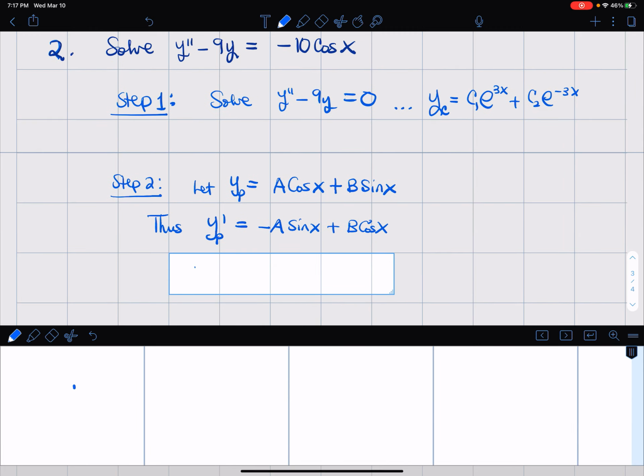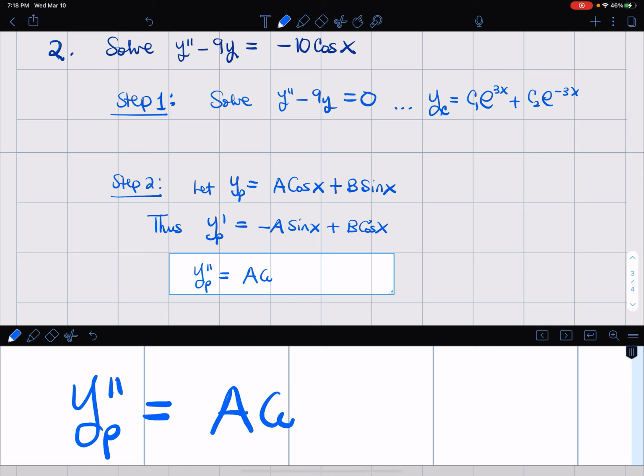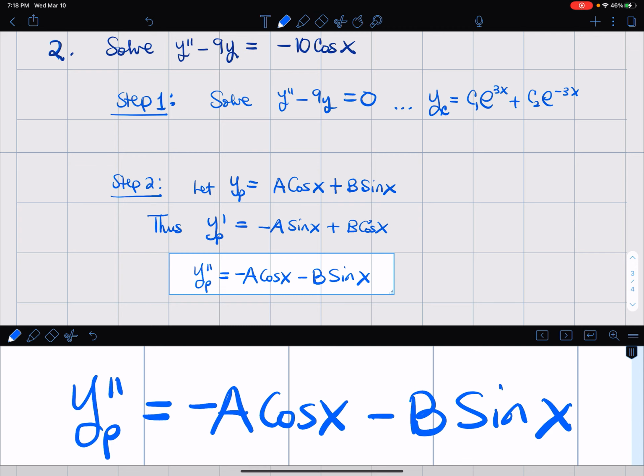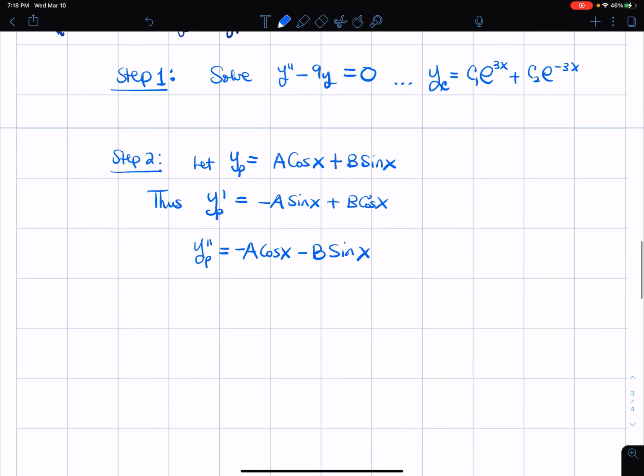And then yp double prime is going to be negative a cosine of x, minus b sine of x. Okay, good.